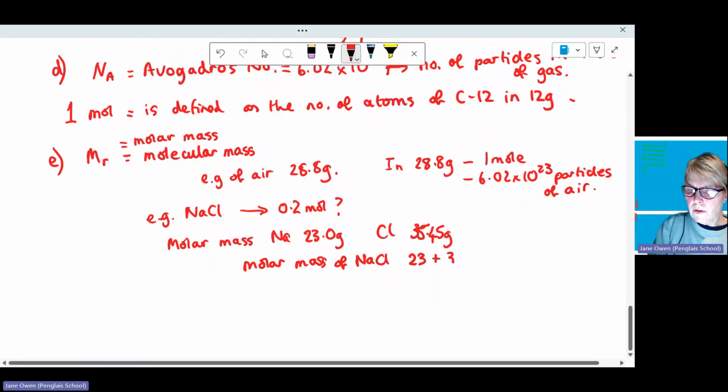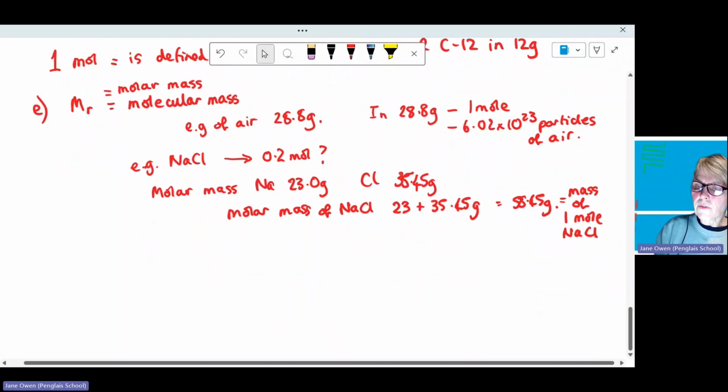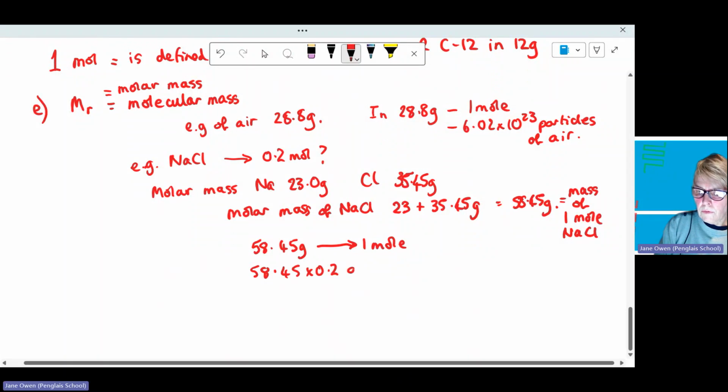So 23 plus 35.45 grams gives you 58.45 grams. So that is the mass of 1 mole of sodium chloride, NaCl. So if that's the mass for 1 mole, just relate it logically. Don't try and be clever. That's for 1 mole. Therefore, 0.2 moles would be 58.45 times 0.2, all in grams.